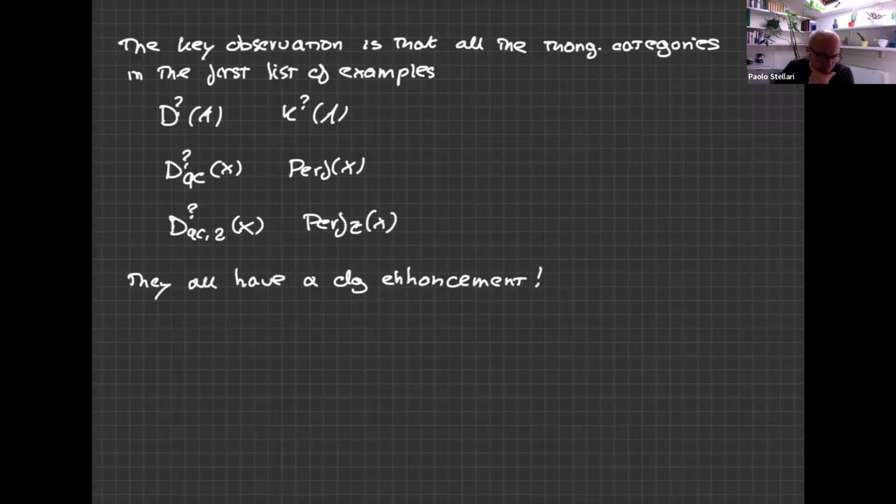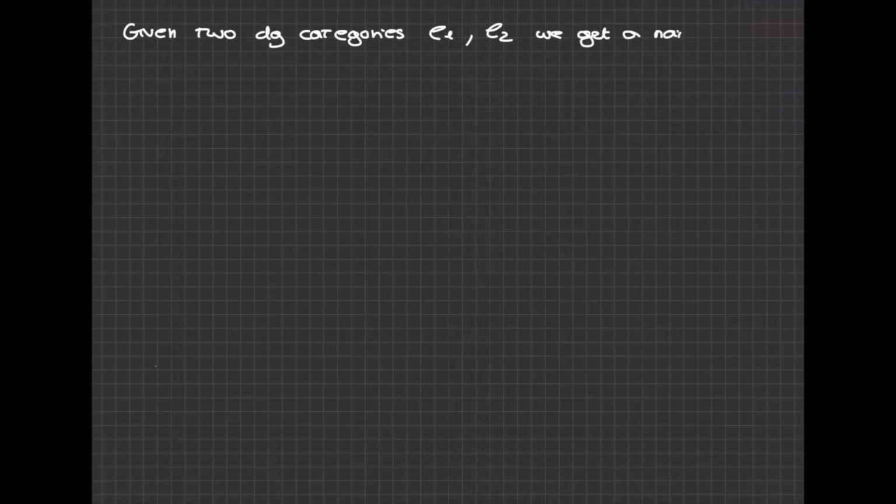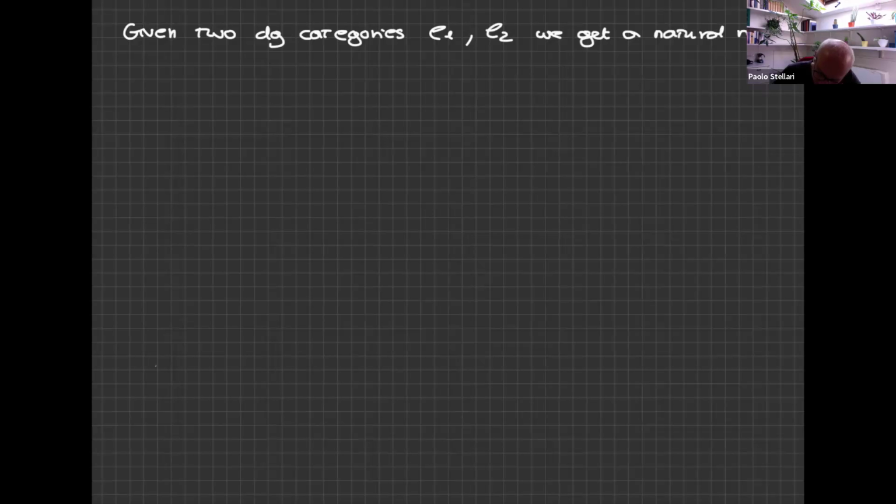Okay, that's always possible. Now let's talk a little bit about morphisms so that we can finally define the category where all these potential enhancements of these triangulated categories can be compared. So of course, given two DG categories, say C1 and C2, we get a natural notion of DG functor.